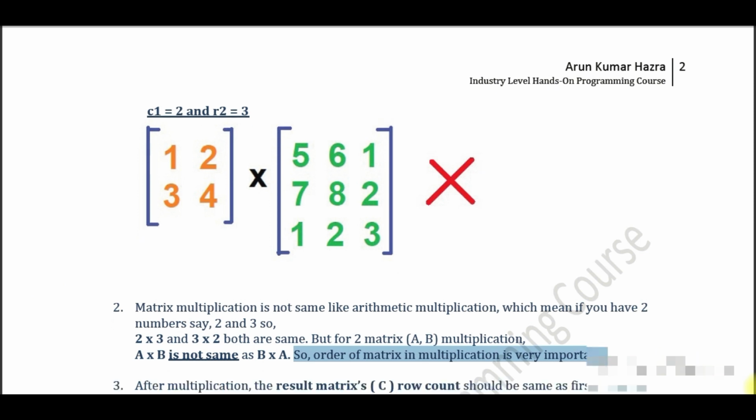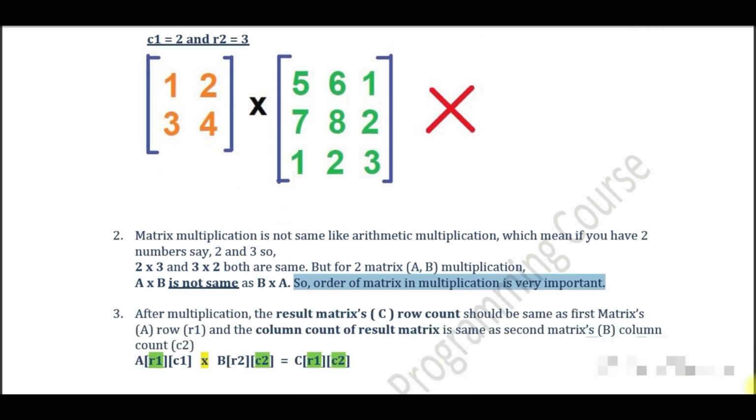Now the third understanding should be what the row and column count of the result matrix will be. Let's say my first matrix is A and the second matrix is B, and I am trying to multiply these two. What will my result be? If the result matrix is named C, the row count of the first matrix will be the row count of the result matrix, and the column count of the second matrix will be the column count of the result matrix.